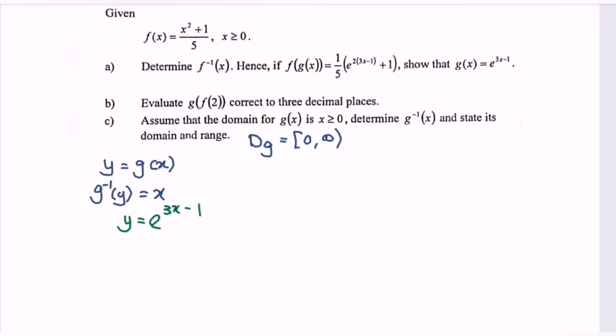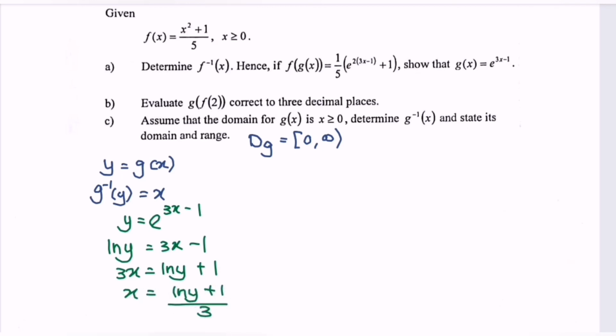Convert from index form to log form, so we have ln y is equal to 3x minus 1. Express x as the subject: 3x is equal to ln y plus 1, so x is equal to (ln y plus 1) over 3. Finally, the g inverse of x is equal to ln x over 3 plus 1 over 3.